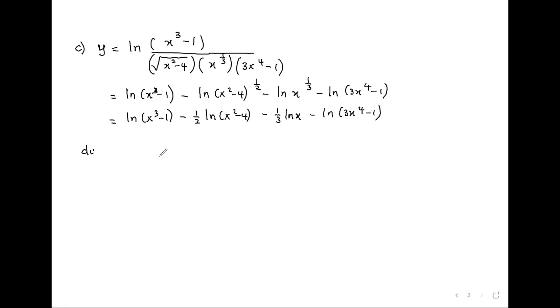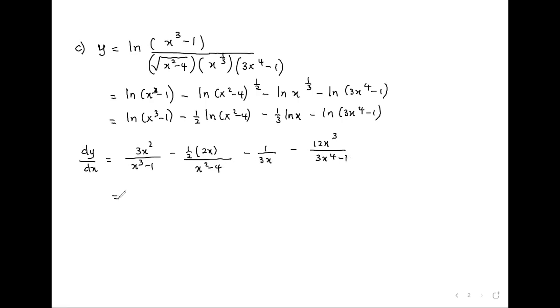Now we can differentiate. dy dx is going to be 3x squared over x cubed minus 1 minus half times 2x over x squared minus 4 minus 1 over 3x minus 12x to the power 3 over 3x to the power 4 minus 1.